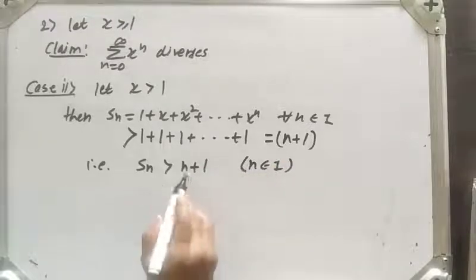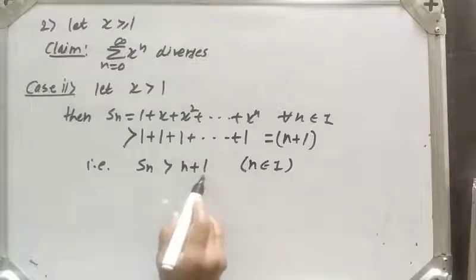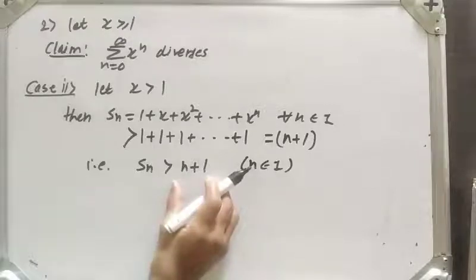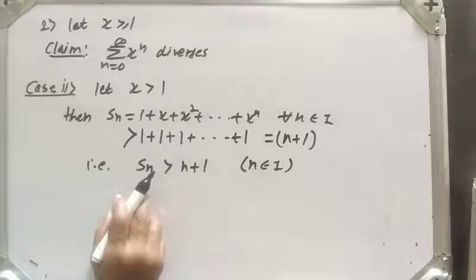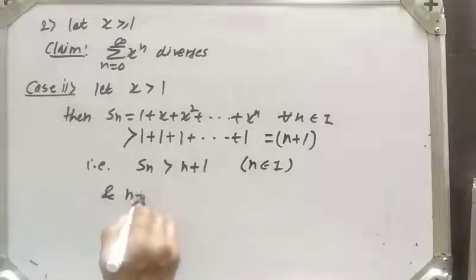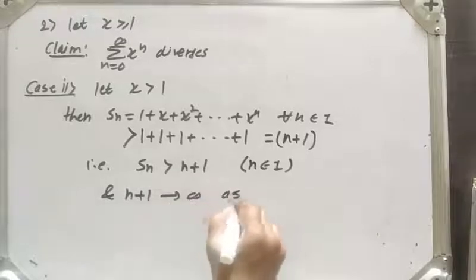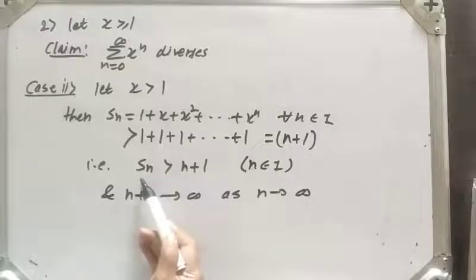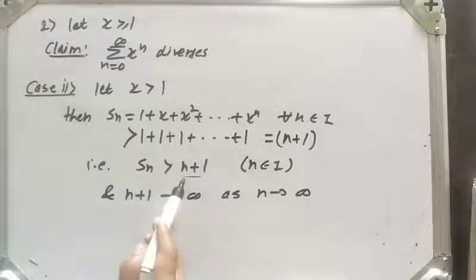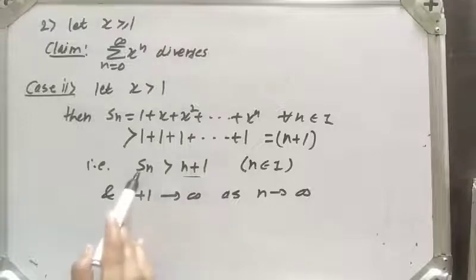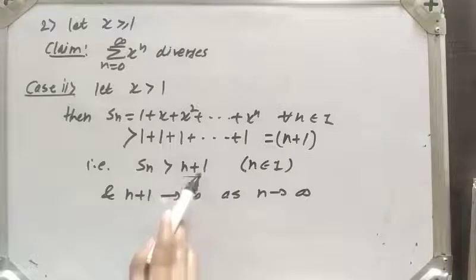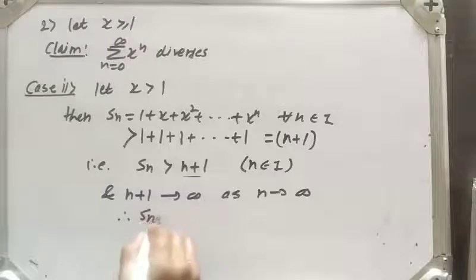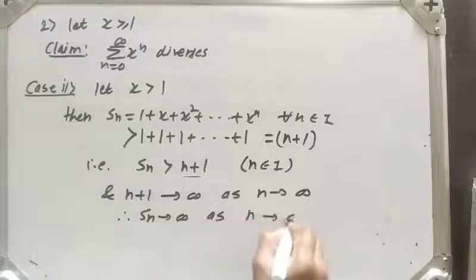Again here, as n tends to infinity, what happens? As n tends to infinity, n plus 1 tends to infinity. Therefore the terms greater than n plus 1 will definitely tend to infinity as well. So Sn tends to infinity as n tends to infinity.